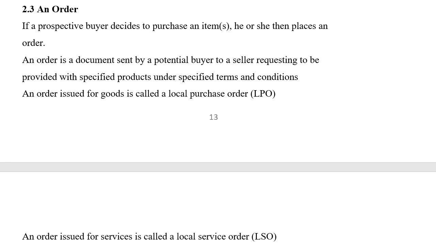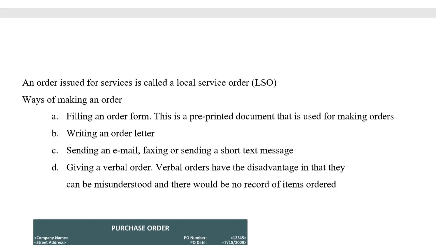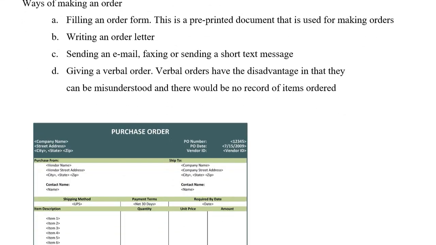This is a document sent by a potential buyer to a seller to be provided with specific products under specified terms and conditions. An order issued for goods is called a local purchase order, and that issued for services is called a local service order. So perhaps let me just show you how an order looks.